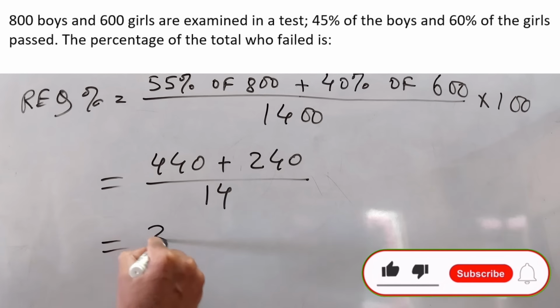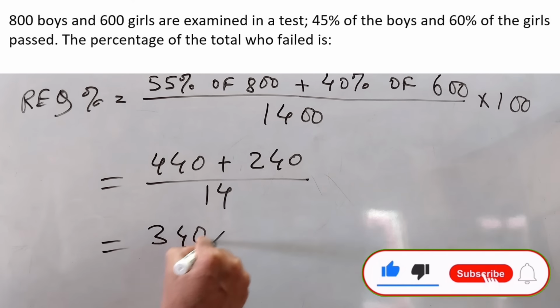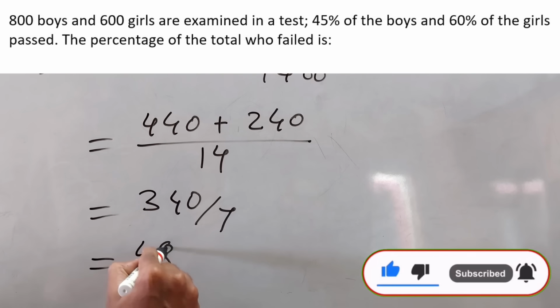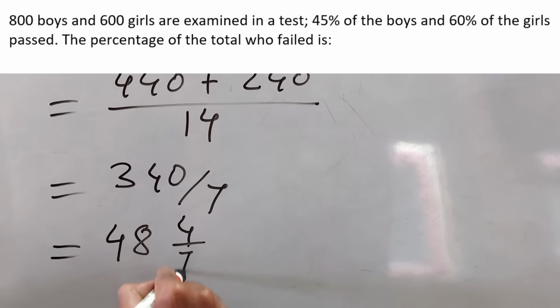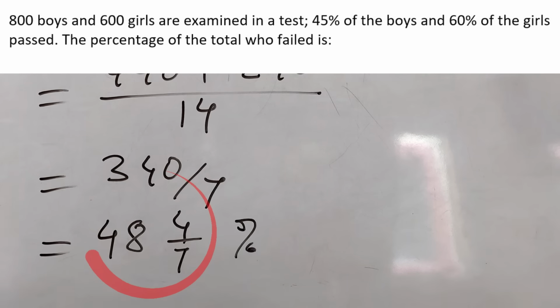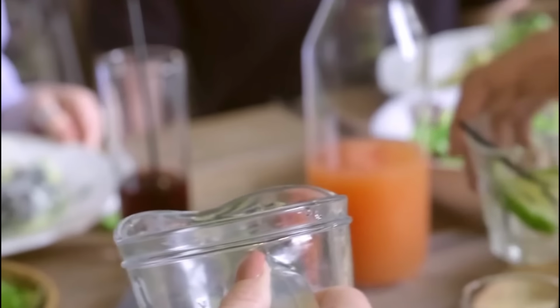Right? So 340 divided by 7. You can get it into the mixed fraction, 48 and 4 by 7. So this is your answer. See, there are so many ways, but I'm trying to show you the easiest way or the shortest way.